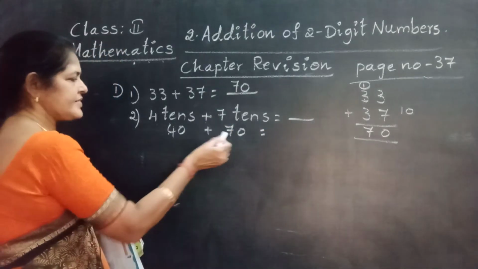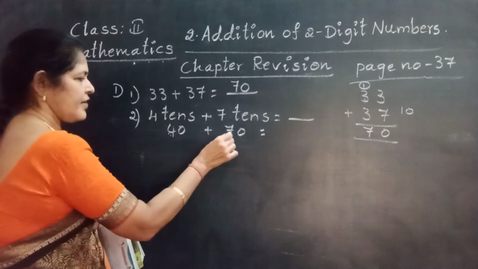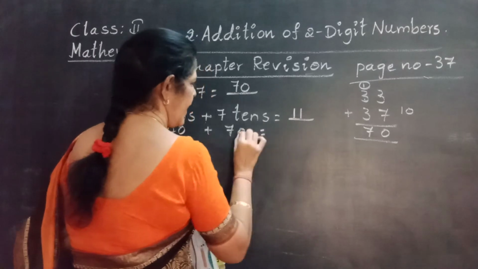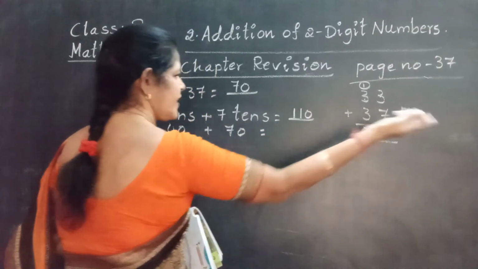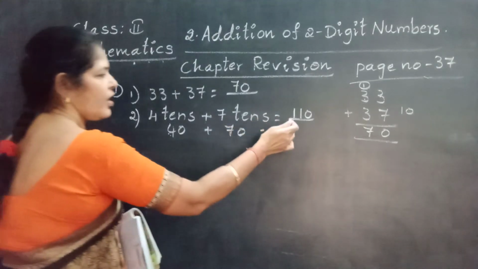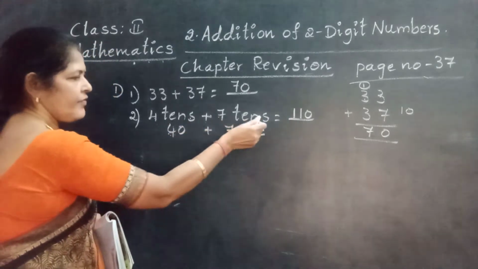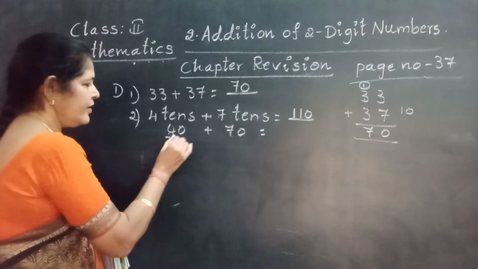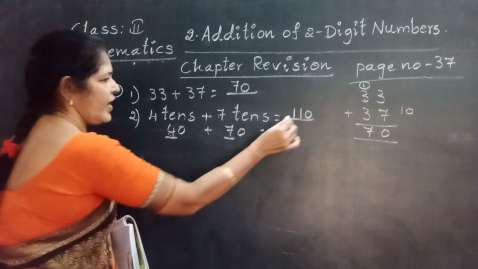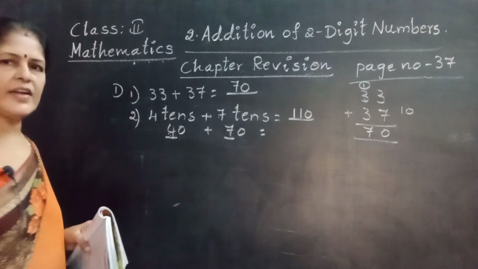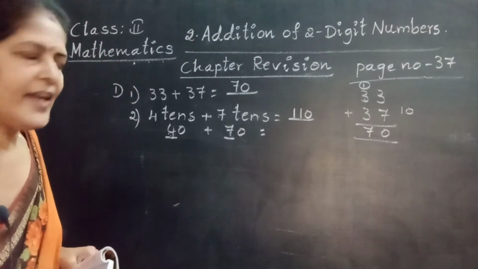Simple. 4 plus 7 is 11, and put 0 on the right side of the 11. Now we got 110. What is the total? 110.